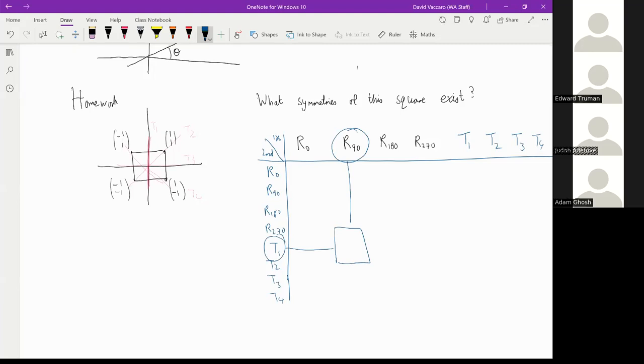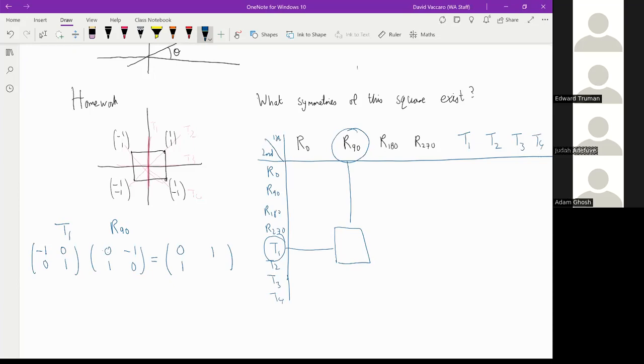So T1 is reflection in the y-axis. So the matrix is -1, 0, 0, 1. R90 is rotation by 90 degrees anti-clockwise. So it's 0, 1, -1, 0. This is R90. Let's see what matrix we get. So -1 times 0 is 0. -1 times -1 is 1. 0, 0, 0, 1.